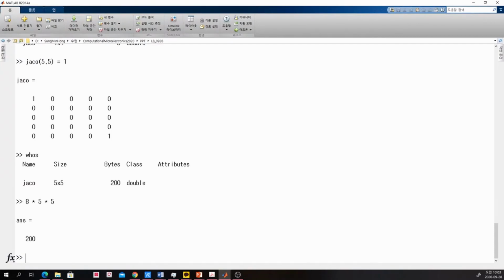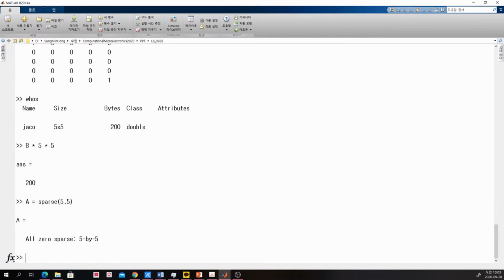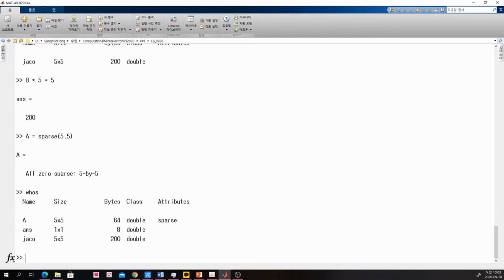Then let me define a sparse matrix once again. Let's call it A, sparse 5, 5. Then let's have a look: A is size 5 by 5, its attribute is now sparse, and we have 64 bytes assigned to A. Although this is just a null matrix, it is not 0 bytes.